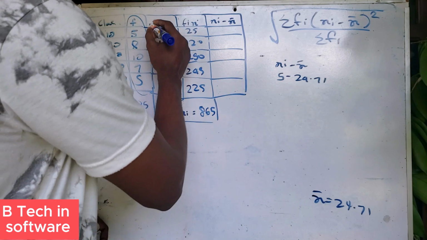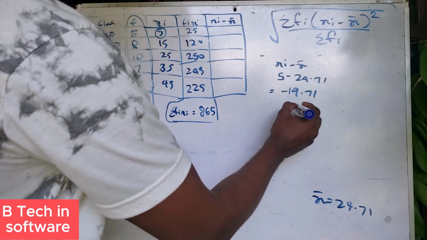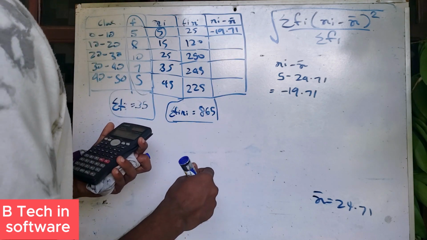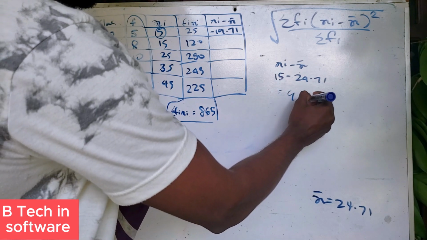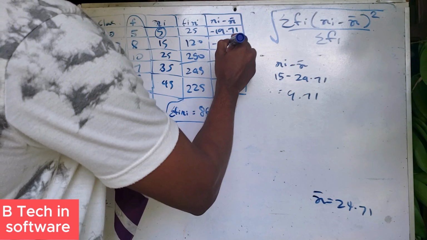We need to go through all these xi's. 5 minus 24.71 is minus 19.71. Now here minus 19.71, and then we need to find the value for 15. It's minus 9.71. Now here minus 9.71.